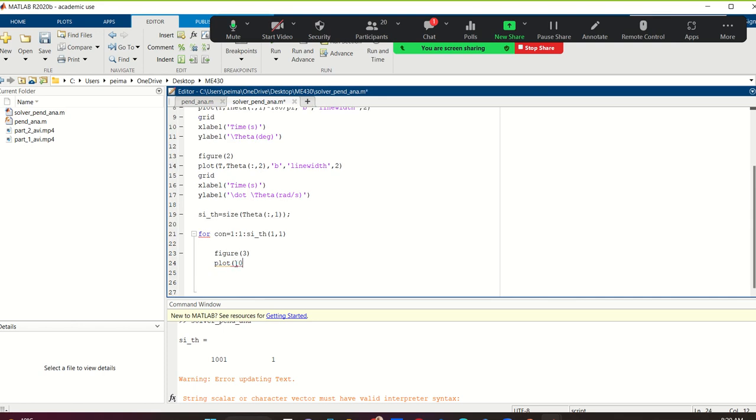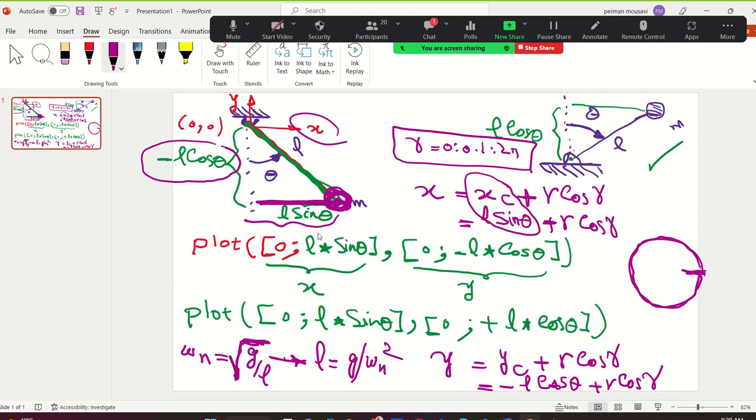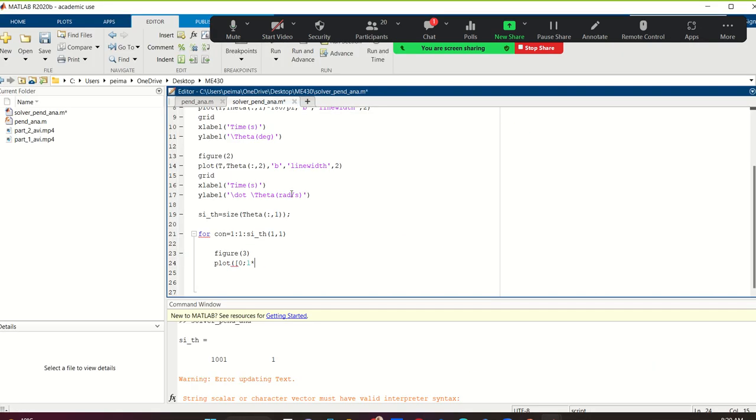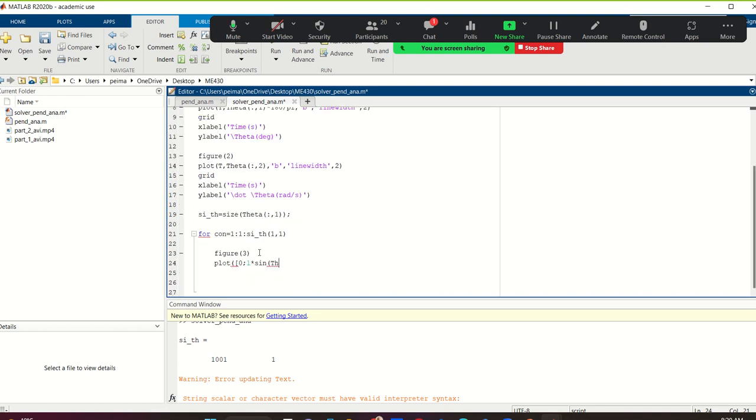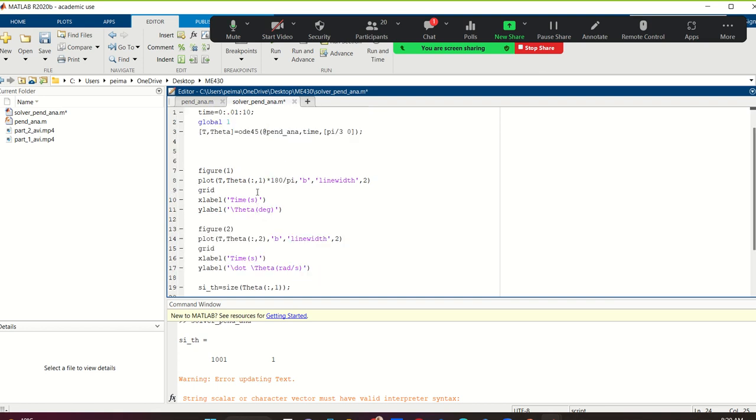So, okay, now let's go: 0 and L cosine. Exactly, I'm copying here. Sorry, L sine theta. You have to say our angle in radians is theta, but which element? Look here, guys. This means go and read all the rows in the first column.